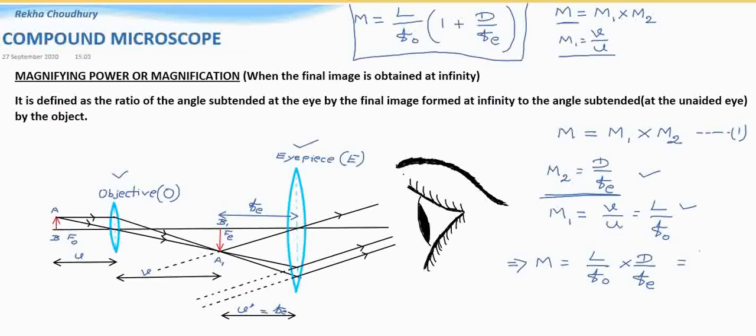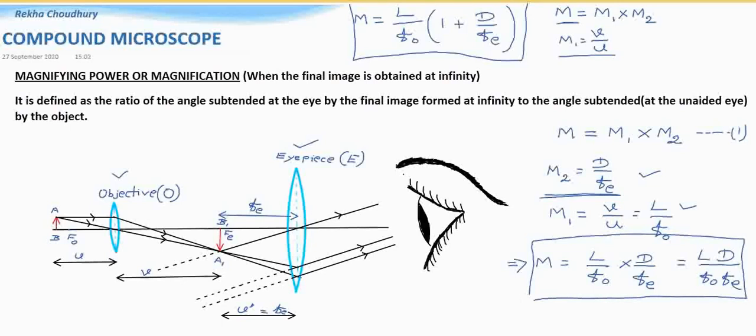So this is equal to L into D divided by FO into FE. This is the magnifying power of a compound microscope when the final image is formed at infinity.